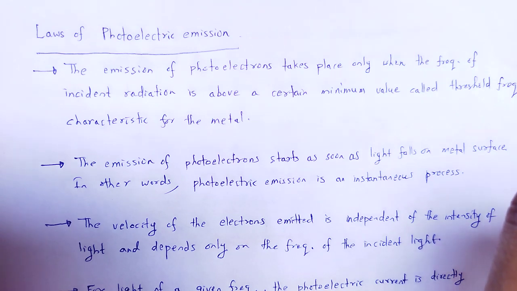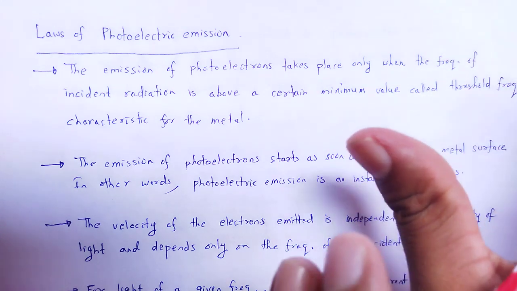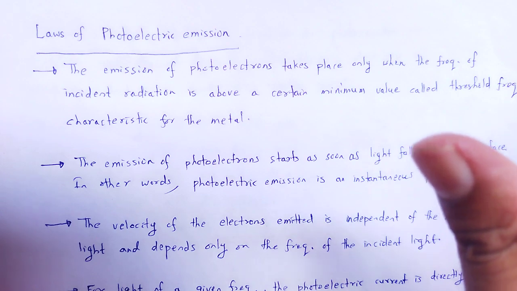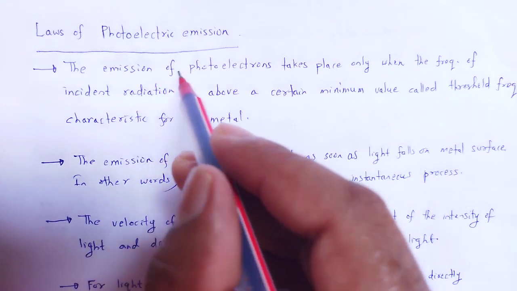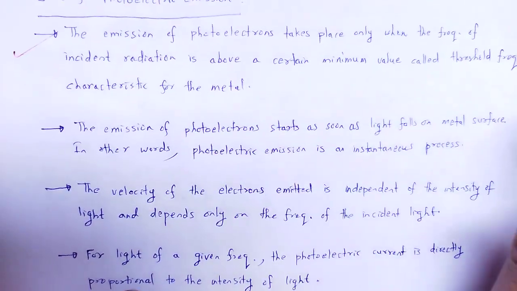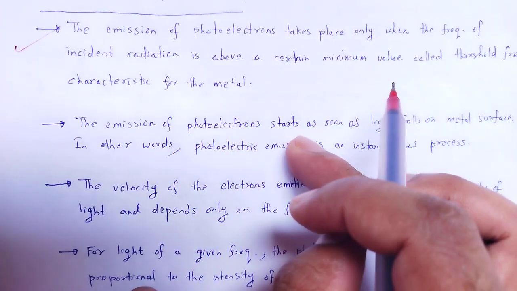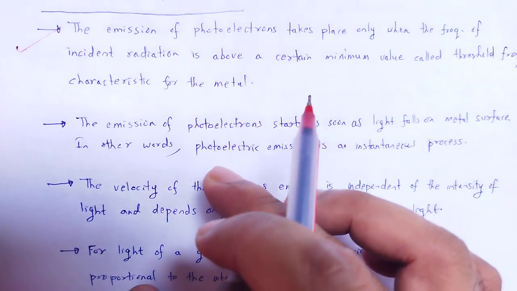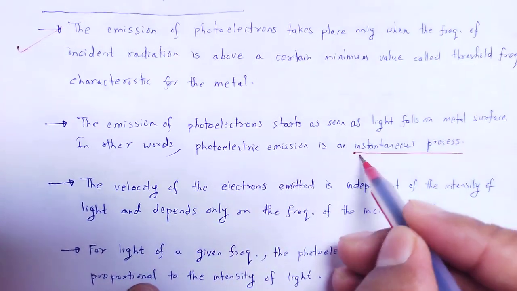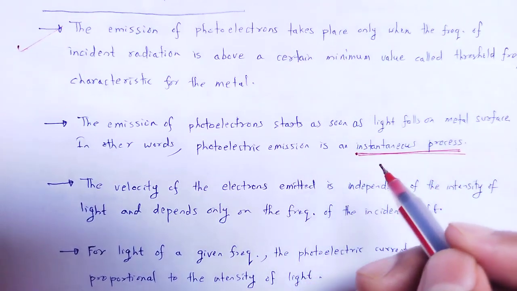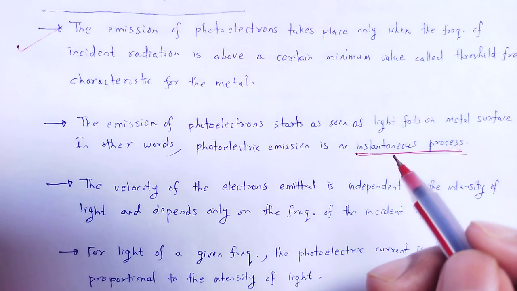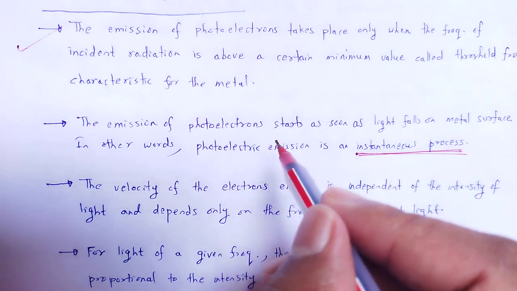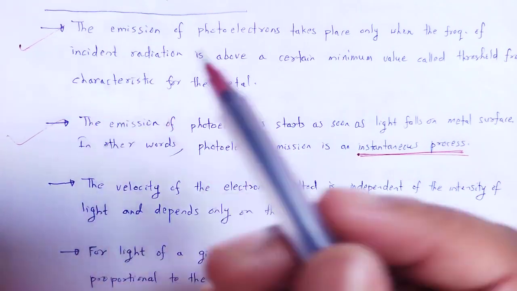If the incident frequency is equal to or greater than the threshold frequency, then photoelectric emission holds good. This is the first law. Next, the emission of photoelectrons starts as soon as light falls on the metal surface. In other words, the process is totally instantaneous, executed within a very small order of time. This is the second law.